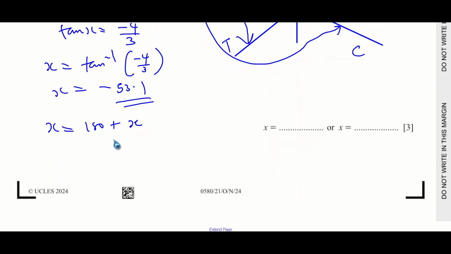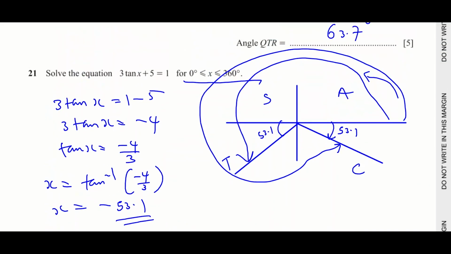So it will be equal to 180 plus minus 53.1, so this will be 180 minus 53.1. That will be equal to 126.9 degrees.